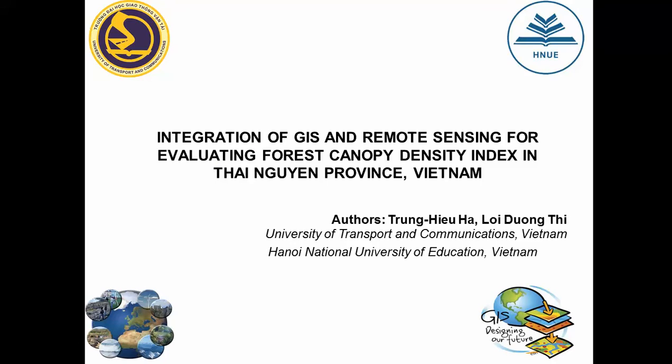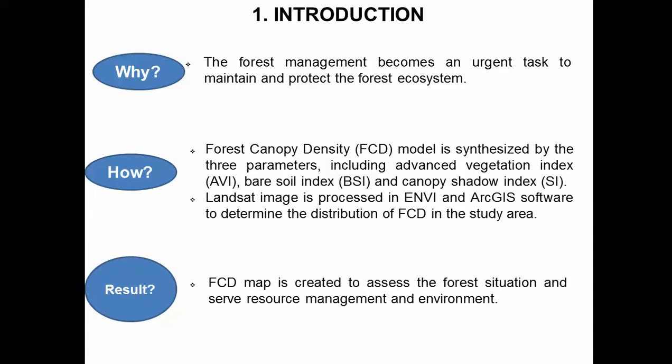In this presentation today, I would like to present a case study of integrating GIS and remote sensing for evaluating forest canopy density index in Thái Nguyên province in Vietnam. The reason we chose this topic is simply because forest management becomes an urgent task to maintain and protect the forest ecosystem.